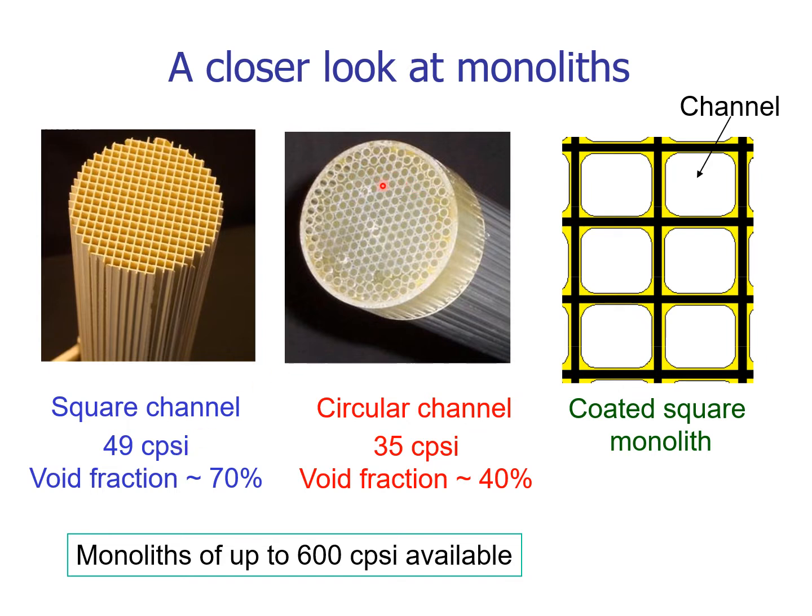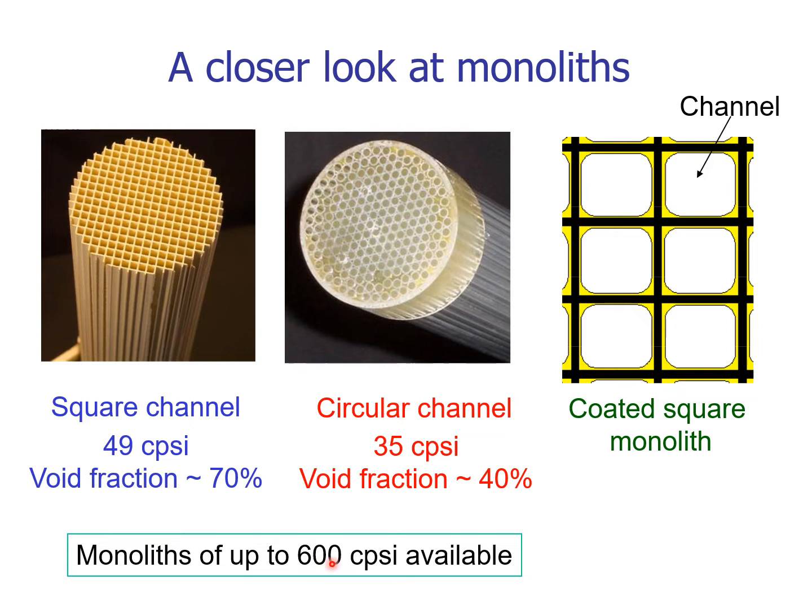This is a glass monolith constructed of circular tubes. Such a construction is commonly used in laboratory experimental studies, but not for industrial applications. In this case, we have a 35 CPSI with a void fraction of 40%.